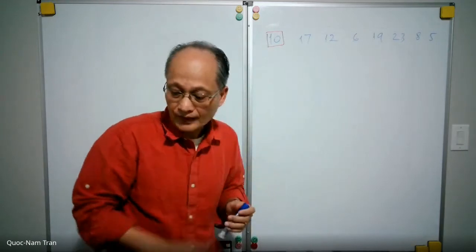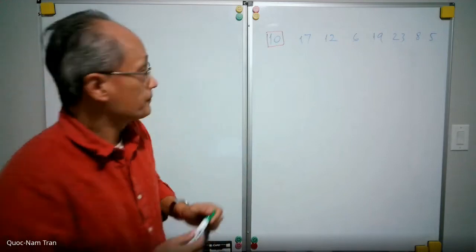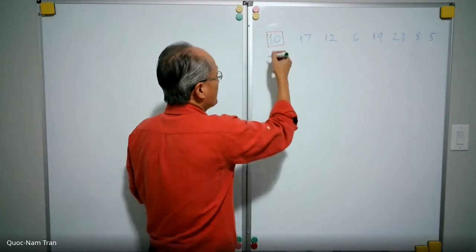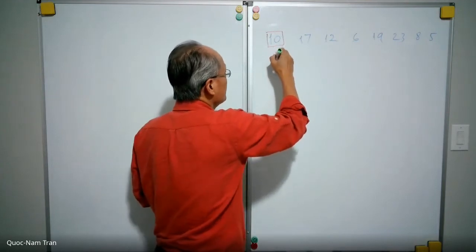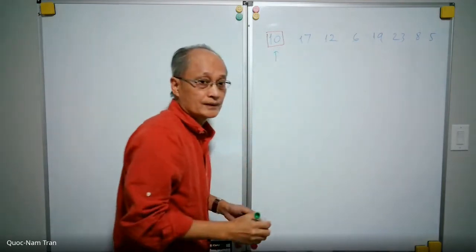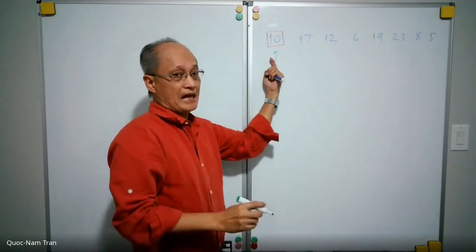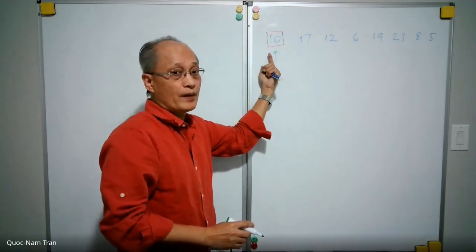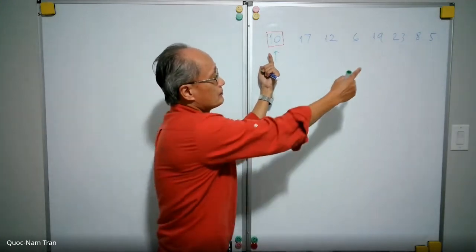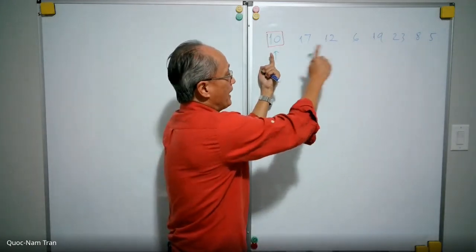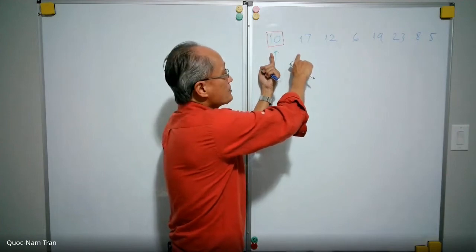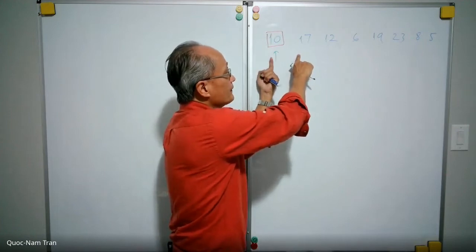Okay? So I will use 2 pointers. One to point to what I call the left wall. That is the place where I will swap the element that is smaller than 10, okay?